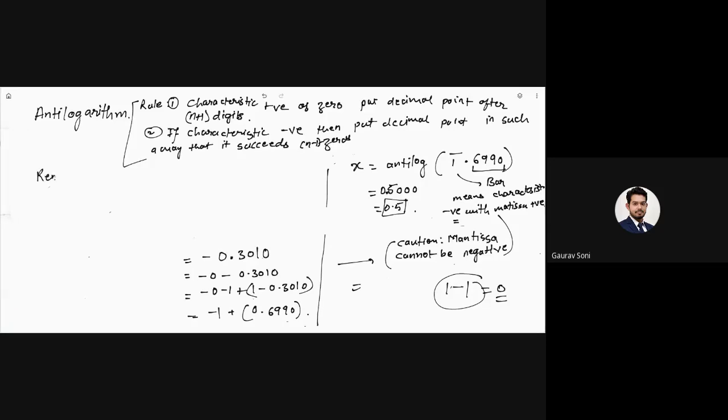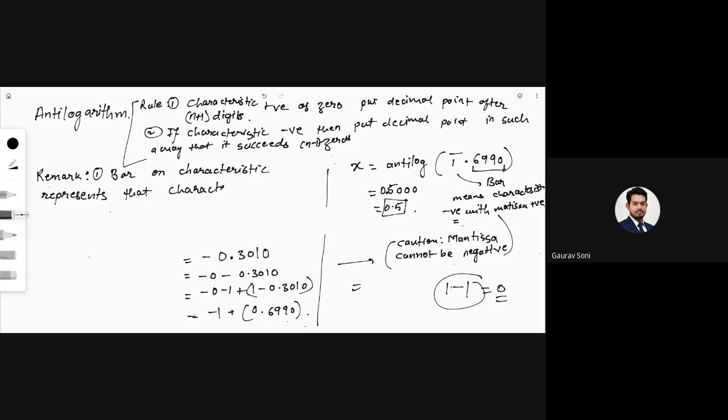Remark 1: a bar on the characteristic represents that the characteristic is negative and the mantissa is positive.